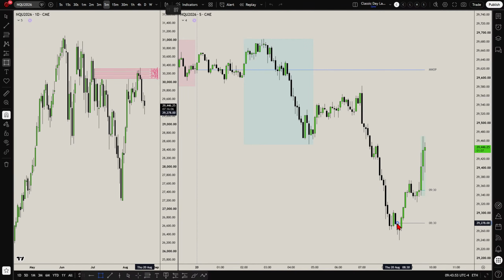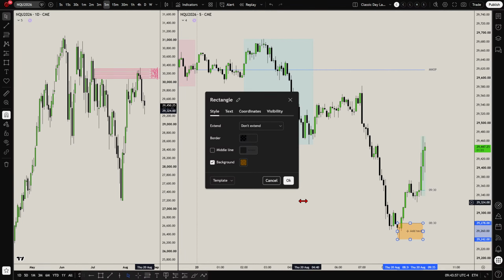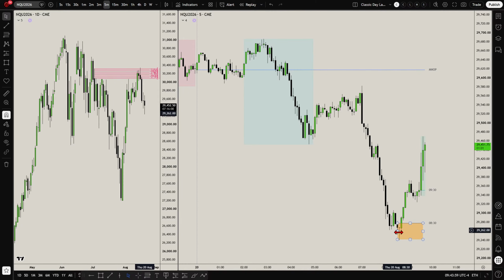Alright. This is one of those days where you don't get deep discount pricing because each opening price only has a very small degree of movement below it. So that is discount pricing below 830. And below 930, you've only got that tiny little wick. Ever so slightly. Look at that.